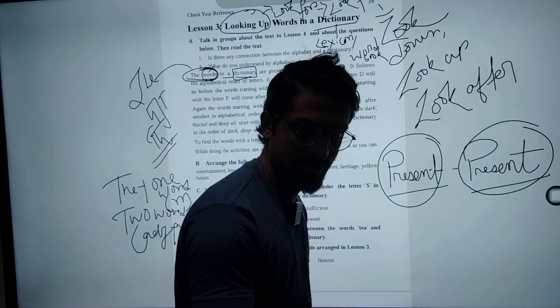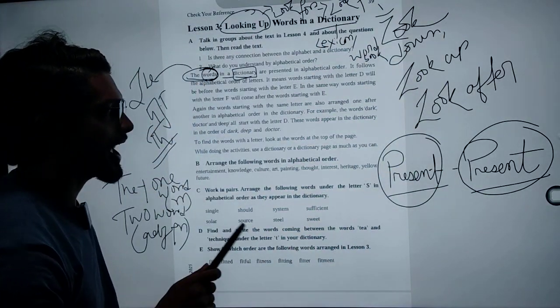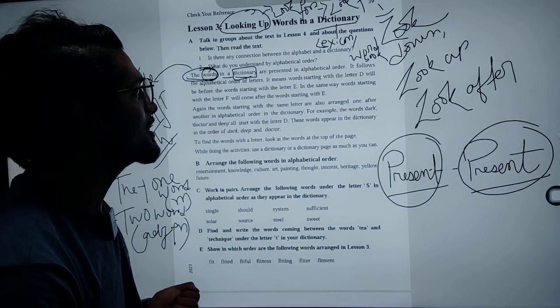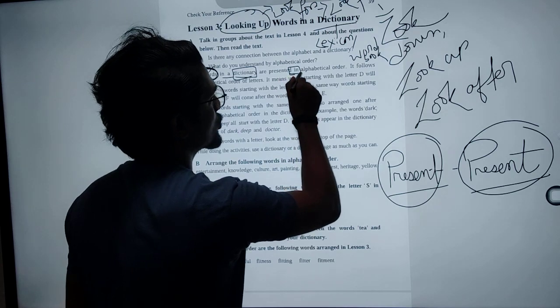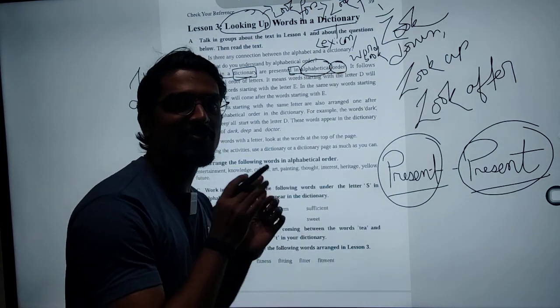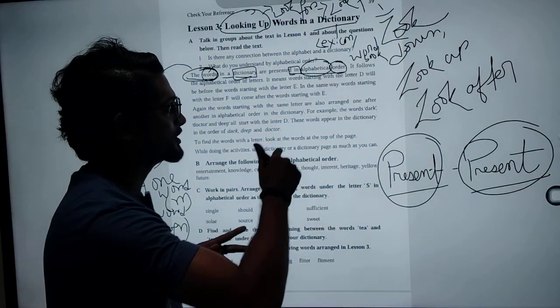One is present, another one is present. So noun and verb. So presented in alphabetical order. Look, after preposition-এর পর যখন দুইটা ওয়ার্ড থাকবে, প্রথমটা অ্যাডজেক্টিভ, পরেরটা নাউন. So alphabetical, the word is adjective. So order, this word is a noun.